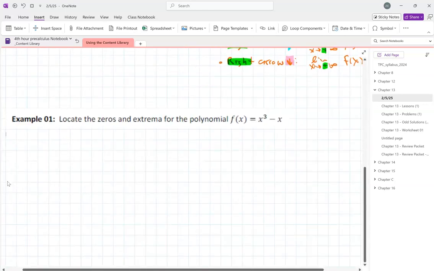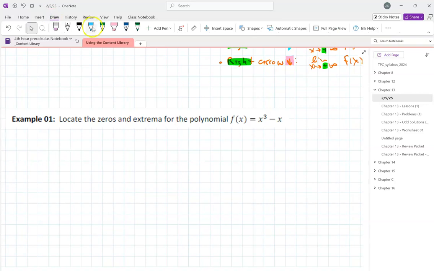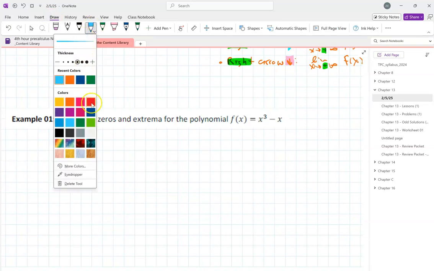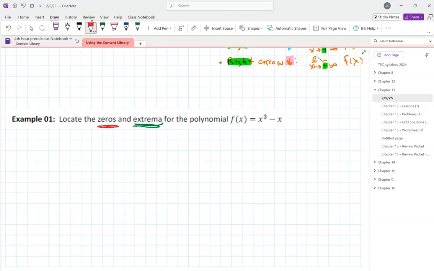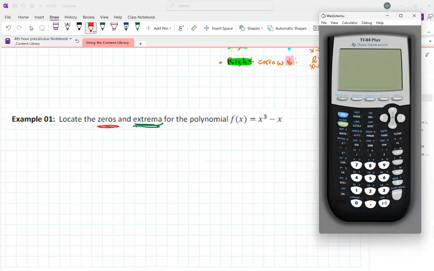Some of the times the zeros we can find by hand, or the end behavior, that's not a problem. But if I'm looking for extrema, that's a can't do that by hand type of problem. How are we going to do that? With our calculator. In fact, we're going to do the zeros with our calculator also here, so I can show you guys again how to do that.